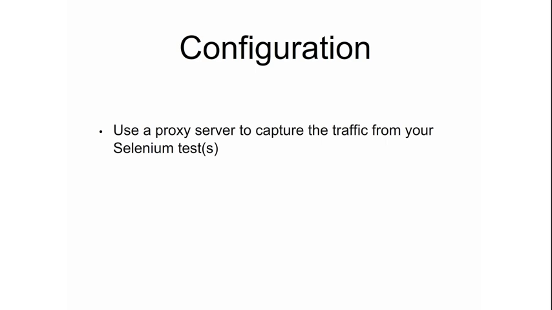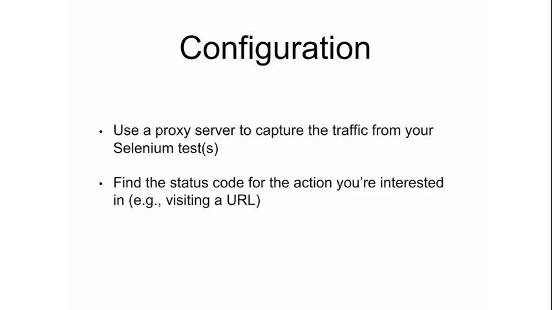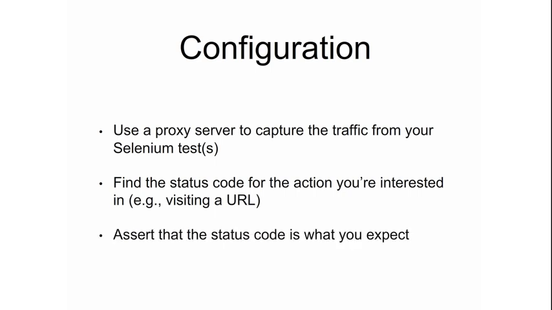As I mentioned, you use the proxy server and you capture the traffic. Your tests run, you can grab the traffic and then see what you see. Then you can find the status code of the specific action that you're interested in. Say you visit a URL and you want to know if it returned a 404 or 301, or you want to see if it returned a 200 status code. You can then assert that the code is what you expect.